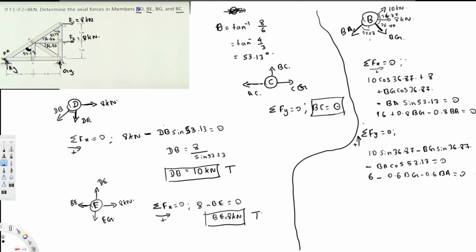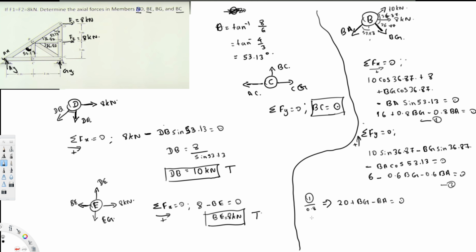So let's say this is equation 1, this is equation 2. To make this one simpler, I can divide equation 1 by 0.8, and the value is going to be 20 plus BG minus BA is equal to 0.